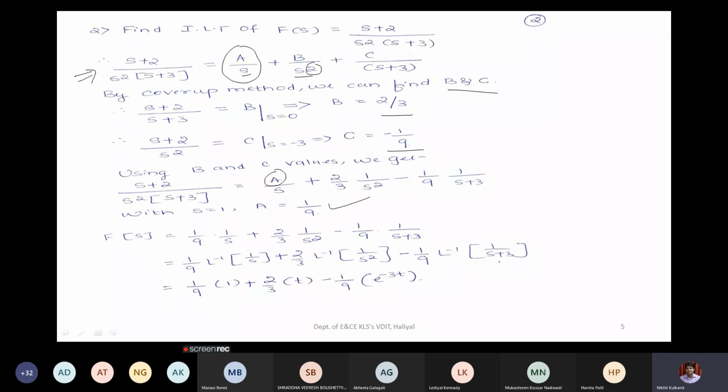So a value is plus 3, or t naught you can take, right? So if you do those things, you will get that. It is like t to the power 1, we know already it is 1 by s square, right? So just take the reverse values here. And this is as good as t to the power 0, which will be 1. So I hope you are getting these things.